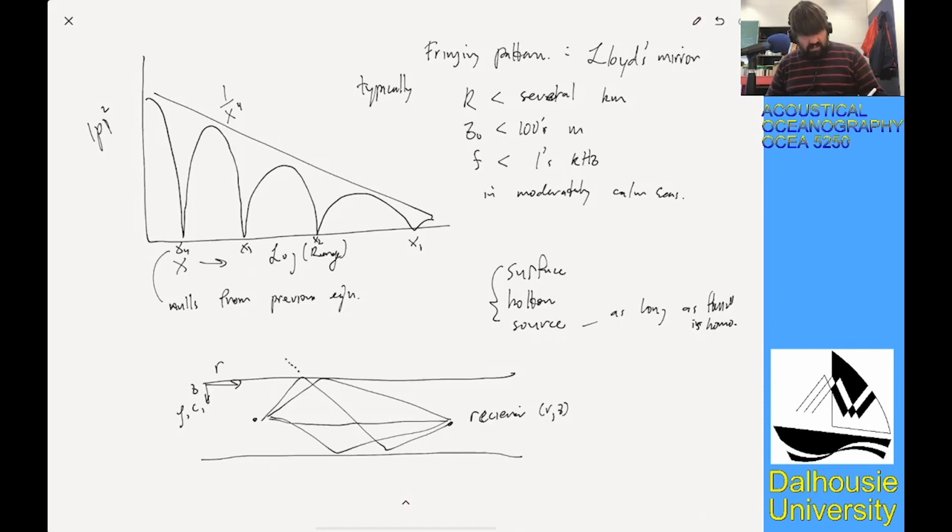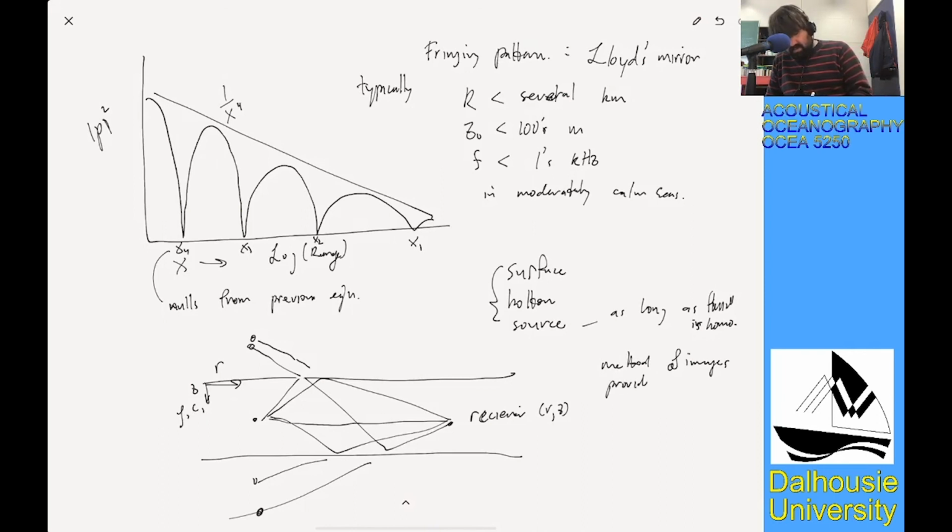So we're going to add them in order. So we'll add our image source here. We'll add our image source here, here, here, etc. So the method of images provides us with a solution in a realistic waveguide.